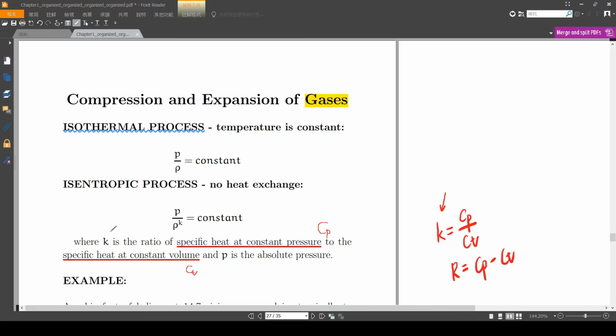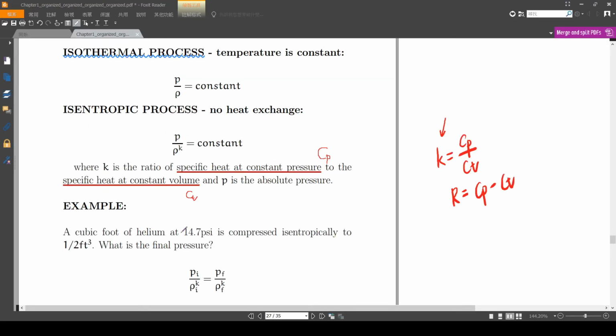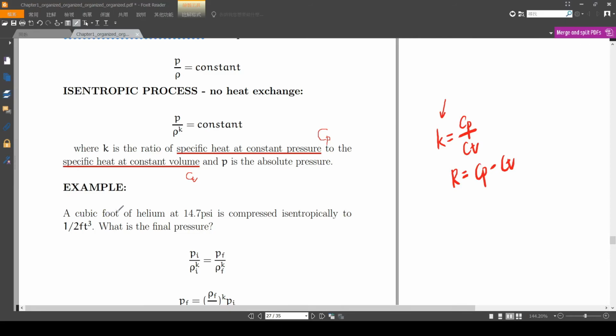So following is the example. It mentions a cubic foot of helium at 14.7 psi that is compressed isentropically.